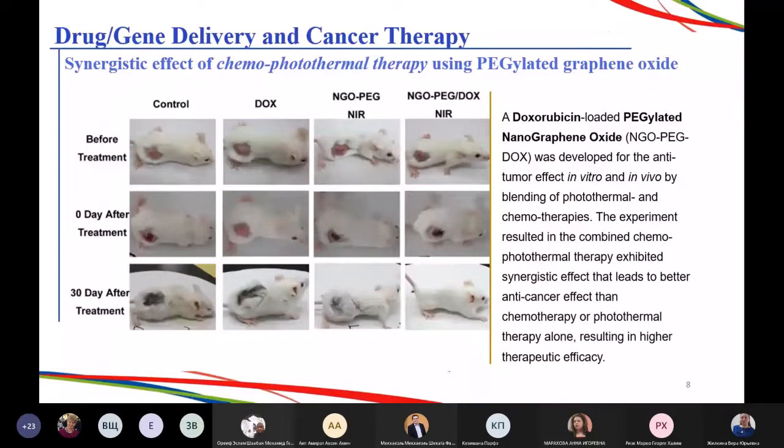In one study, a doxorubicin-loaded PEGylated nanographene oxide was developed for the anti-tumor effect in vitro and in vivo by blending photothermal and chemotherapies. The experiment resulted in the combined chemophotothermal therapy exhibiting a synergetic effect that leads to a better anti-cancer effect than chemotherapy or photothermal therapy alone, resulting in higher therapeutic efficacy.